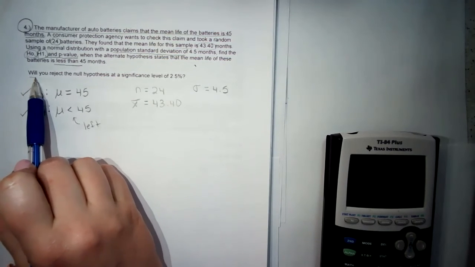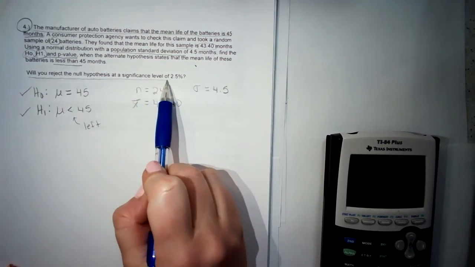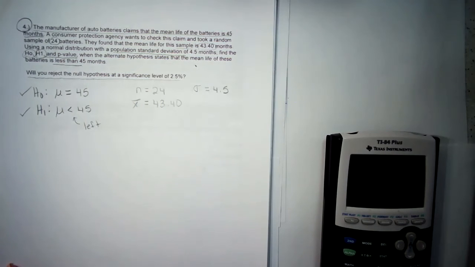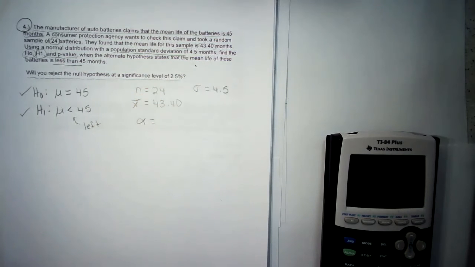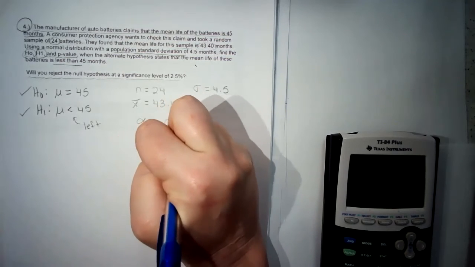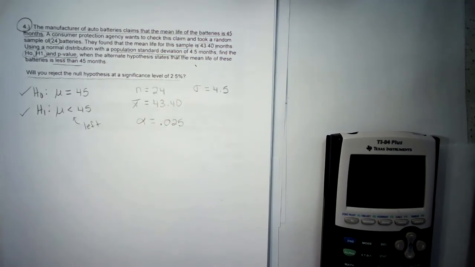Then they tell us, will you reject the null hypothesis at a significance level of 2.5%? That's normally how they give it to you. Significance level is alpha. I don't want it at 2.5%, I want a decimal. So divide by 100 and you got your alpha to compare in the end. So you have all your information, okay?